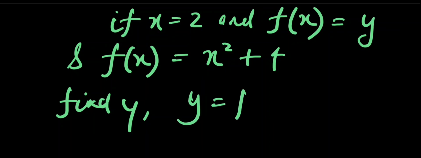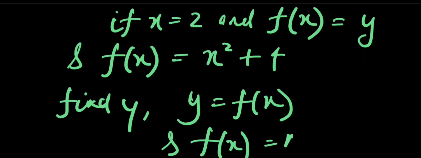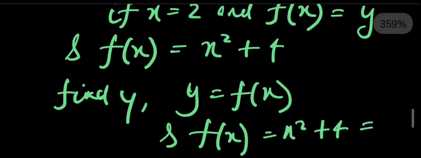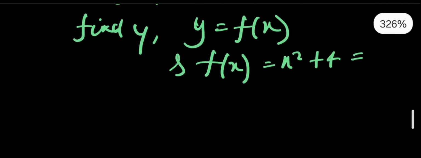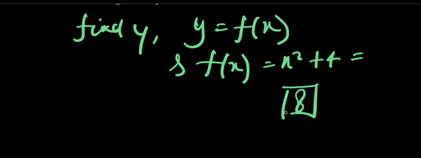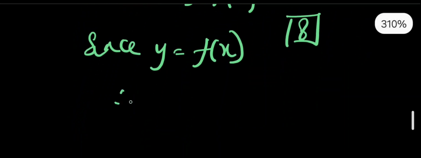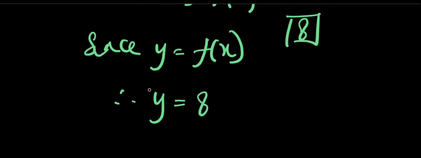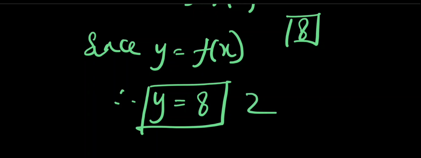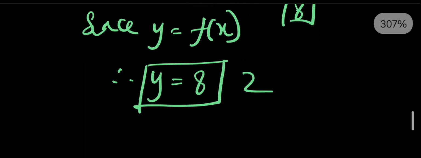So y equals f of x and f of x equals x squared plus 4, and x is 2, so that's 4 plus 4, which is 8. So since y equals f of x, therefore we can say y equals 8. You can solve this by pausing the video and doing it yourself.